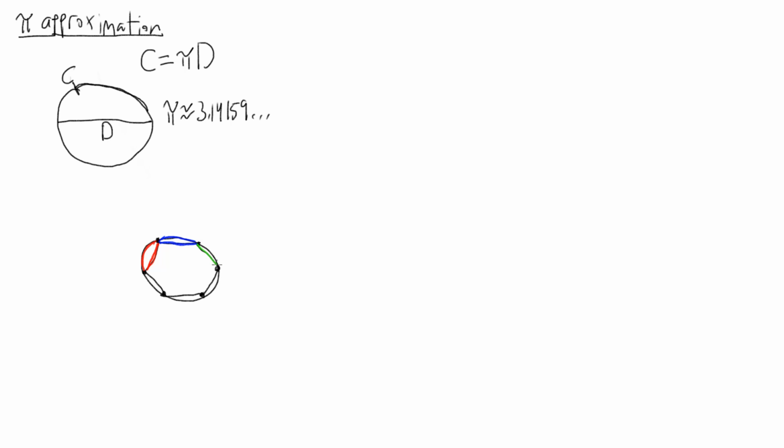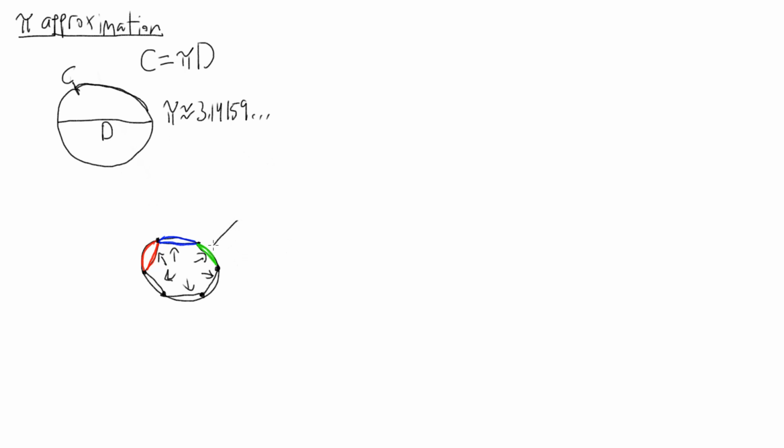And this length would be similar to this length, and so on and so on. And if I were to do that for all six sides, approximate all six of these sides, then approximate the circumference as the sum of all of them, that gives me a rough approximation for the value of pi.